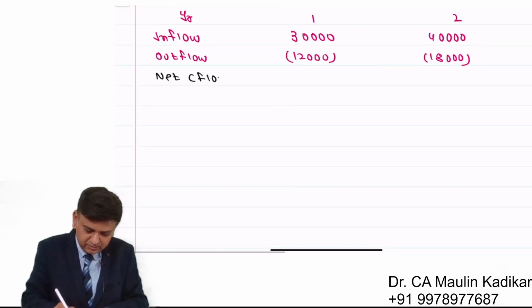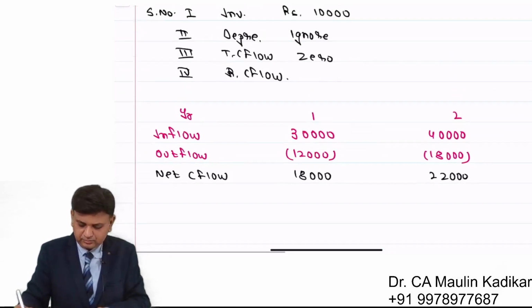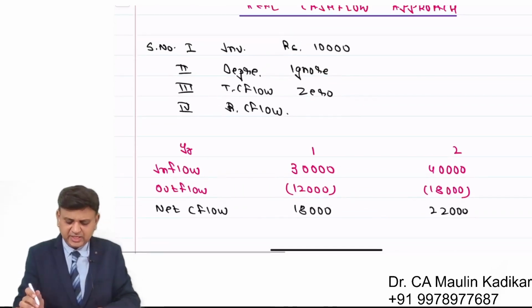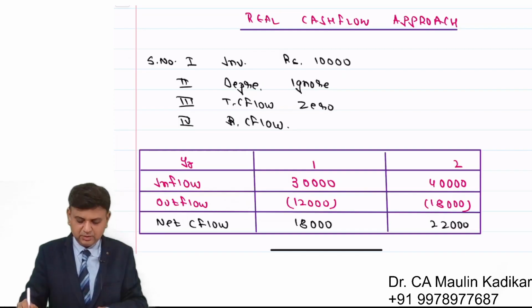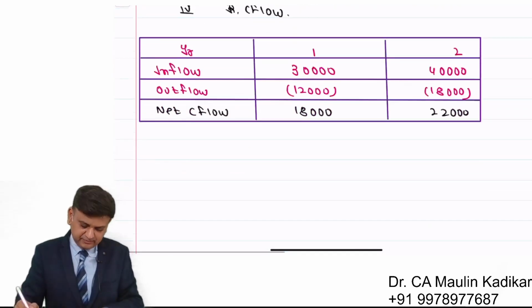Net cash flow is 18,000 and 22,000. That is the way the real cash flow will be found. Okay. So now step number 5 is NPV.